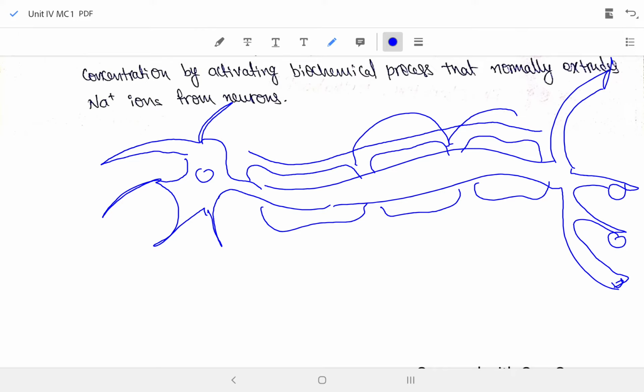What usually happens if a signal needs to be passed from this point to this point? The signal travels like this. Now what happens at this point? Sodium ions and chloride ions, sodium plus and chloride minus, will go in. In exchange, inside there are potassium ions.